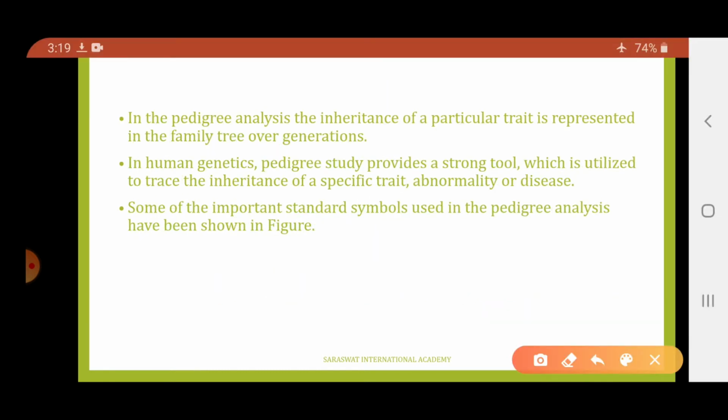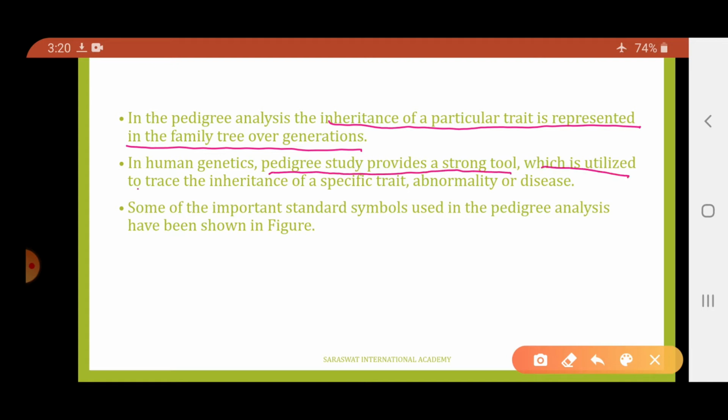So with the help of pedigree analysis, the inheritance of a particular trait is represented in a family tree over the generations. In human genetics, pedigree study provides a strong tool which is utilized to trace the inheritance of a specific trait, abnormality or disease. So what is the usefulness of pedigree analysis?